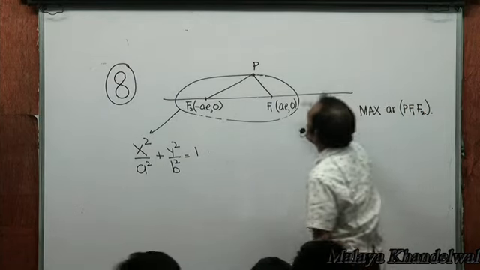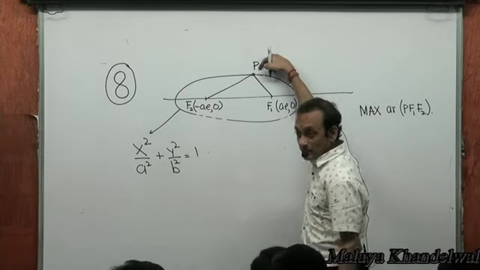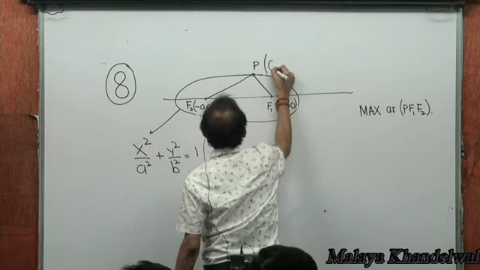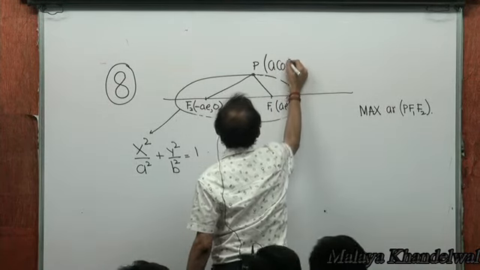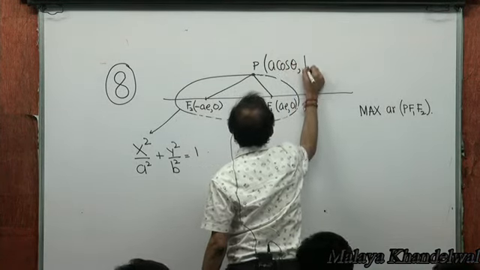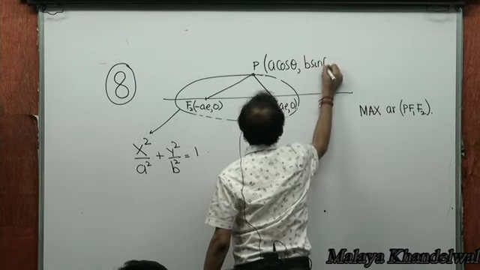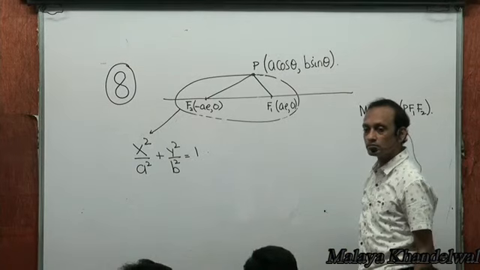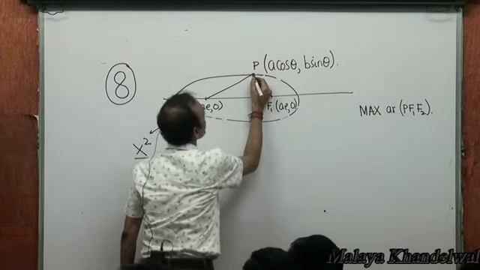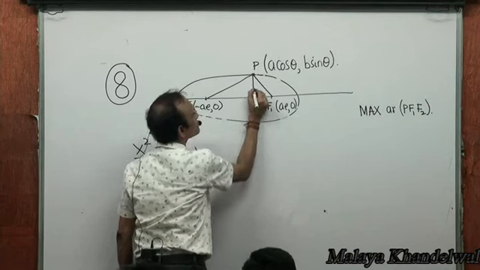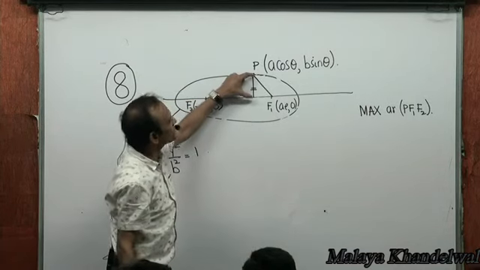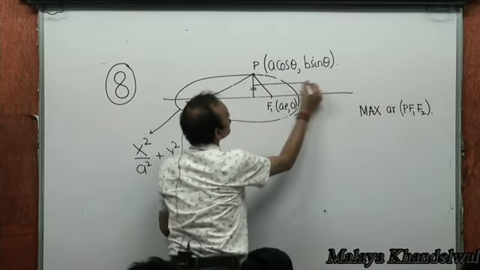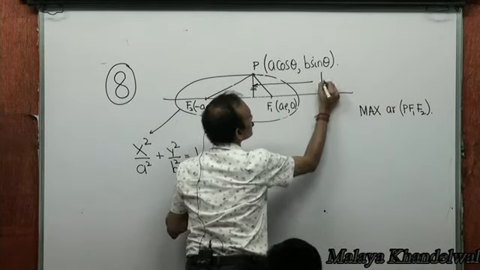Now, suppose theta is the eccentric angle of P, then theta is my parameter. Any point on the ellipse can be written as a cos theta, b sin theta. Now, this height would be b sin theta, isn't it? The y coordinate of P is b sin theta.